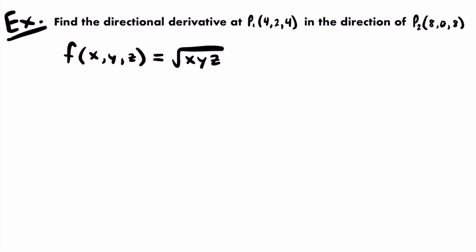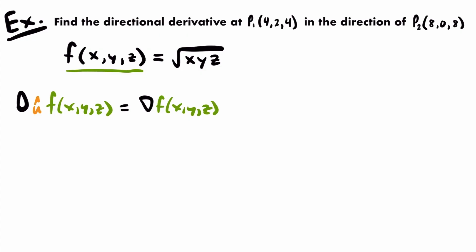The goal that we are working towards is to find a directional derivative, or the derivative in the direction of a unit vector u, for this multivariable function, f of x, y, z, and that will be equal to the dot product of the gradient vector for f of x, y, z with the unit vector u. Okay?